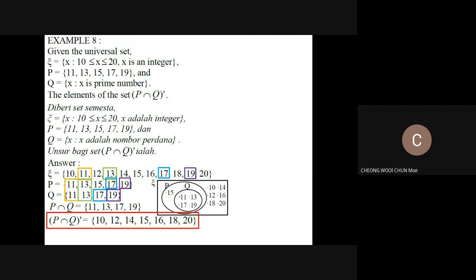So outside of here will be the complement, which is 10, 12, 14, 15, 16, 18, 20.